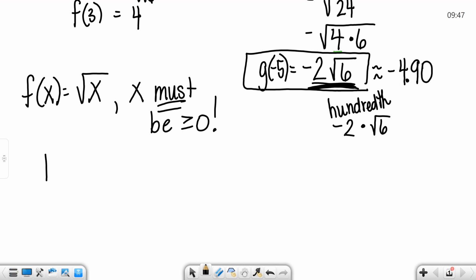And the next thing we're going to talk about is finding domain. Now we've talked about domain a little bit. Remember, that's the x values.